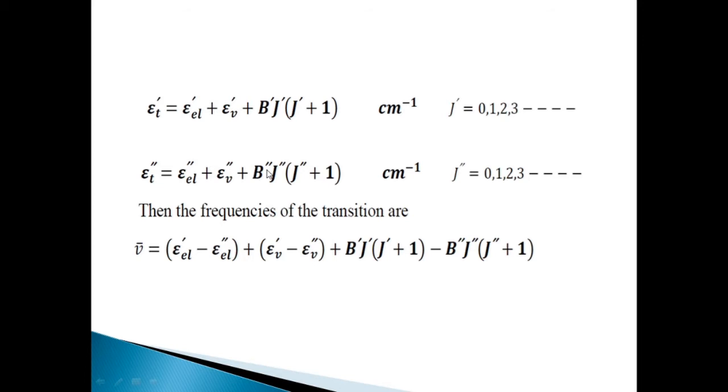The frequency of transition is the difference between these two energy states, that is equal to the difference in the electronic energy plus the difference in the vibrational energy plus the difference in the rotational energy.